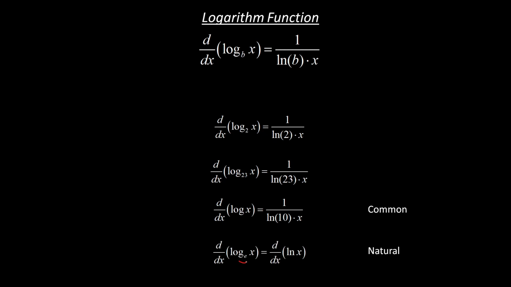And base e is the natural logarithm. And a natural logarithm gets its own notation. It's just ln. So ln is the same thing as log base e. The same thing, just different notation.